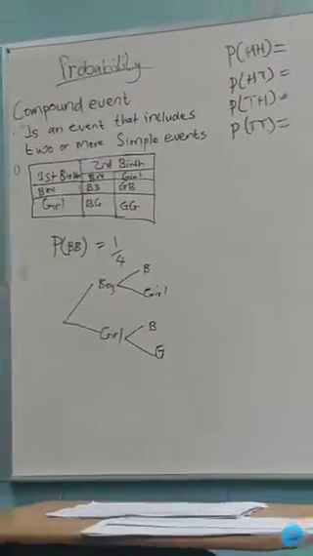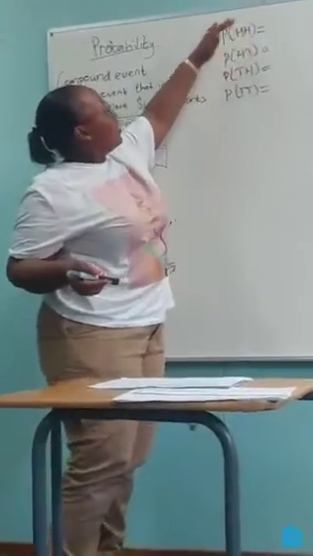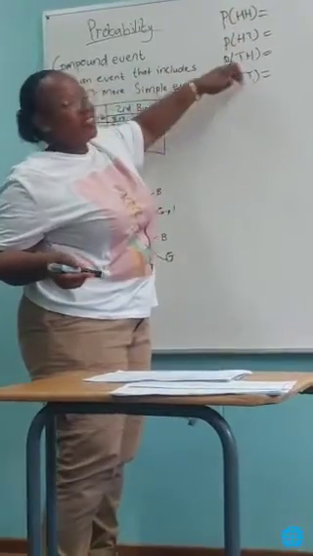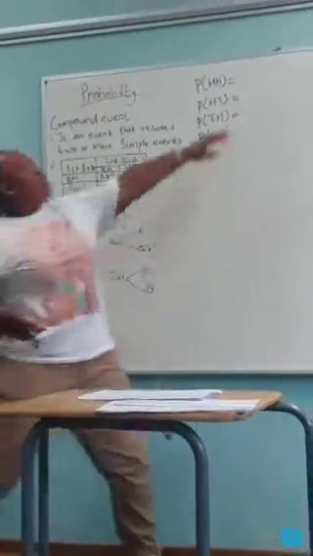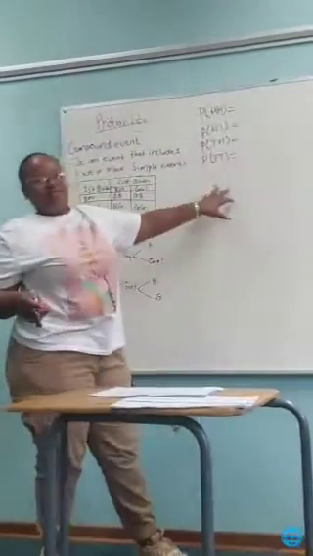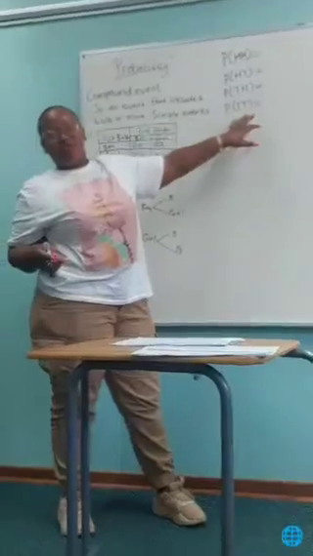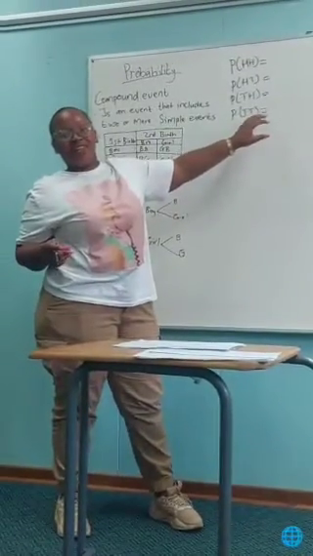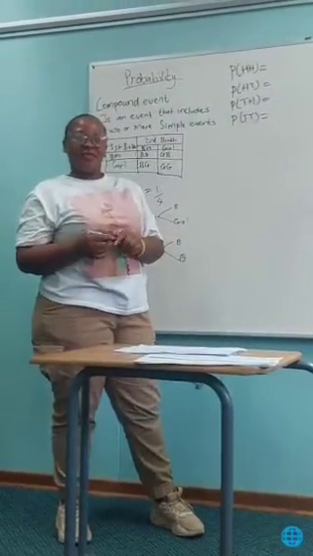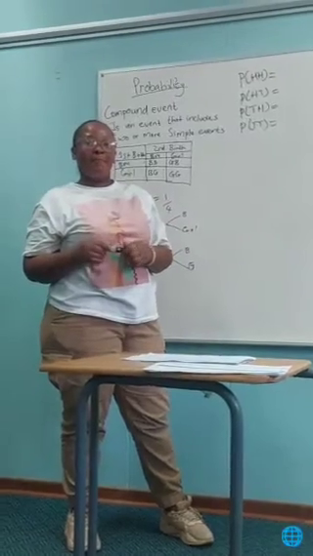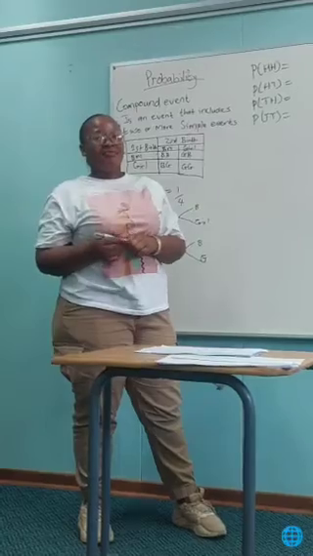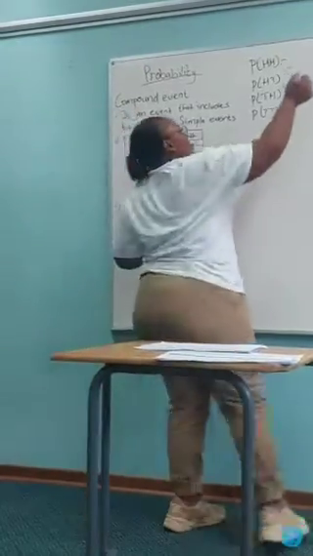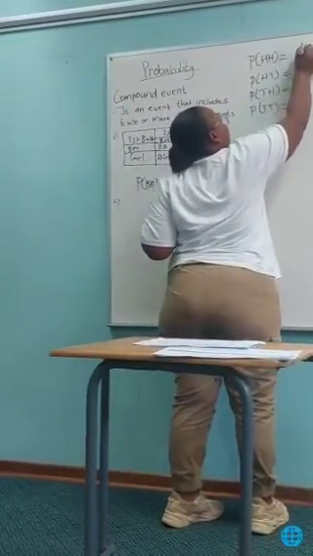What are the chances that I'm going to get a head and a head, a head and a tail, a tail and a head, and a tail and a tail? It's 1 out of 4 chances. Are we together? Yes, ma'am. Head and head is going to be 1 over 4.